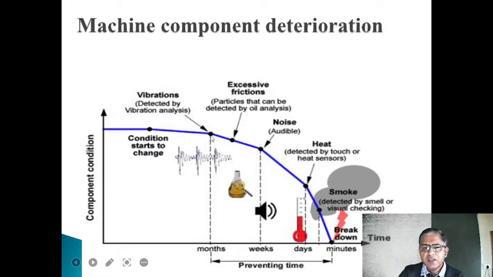But as time progresses, the line comes downwards exponentially. The slope of this line becomes steeper and steeper within a very short period of time. That is why the component has to be maintained and checked at regular periods of time, so that we can increase the life of the component.